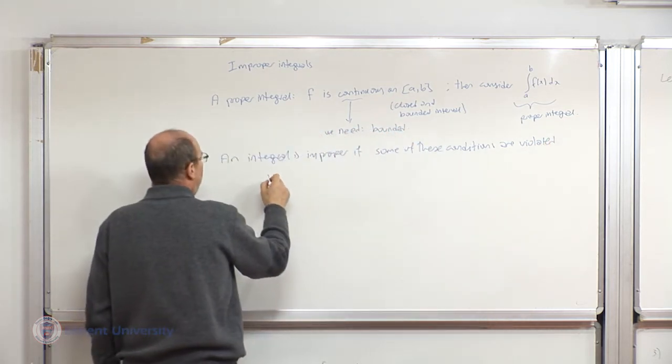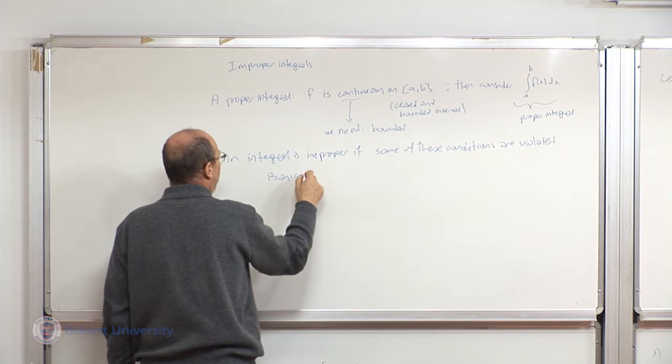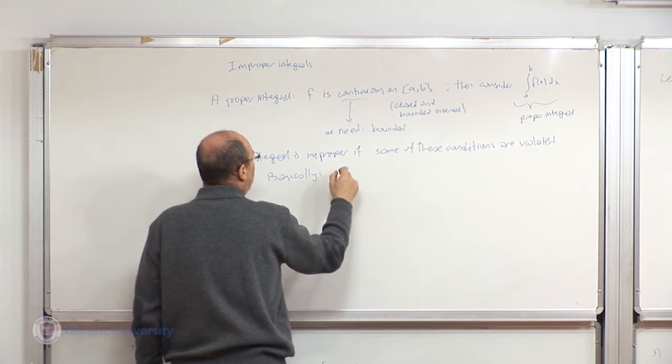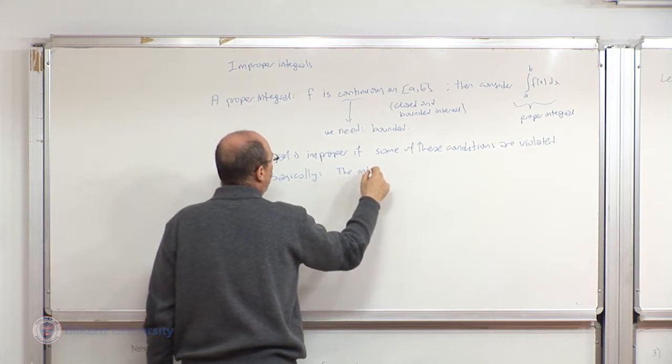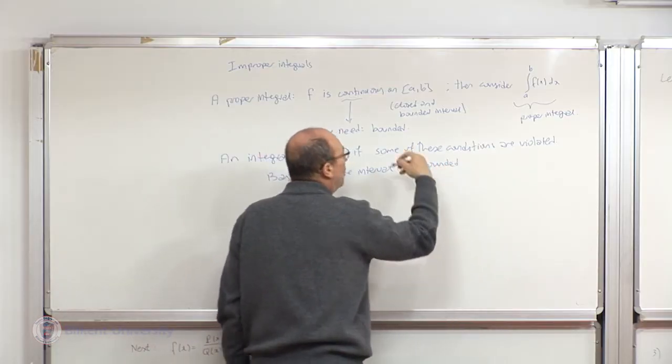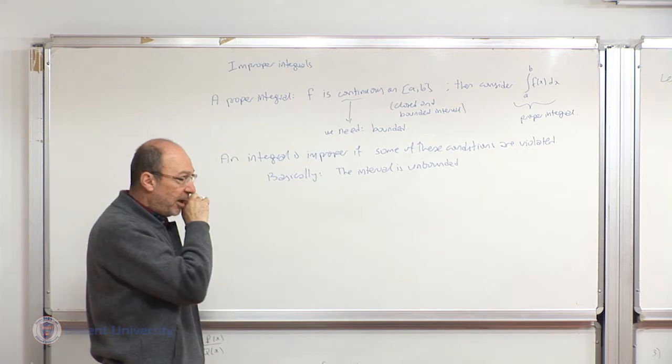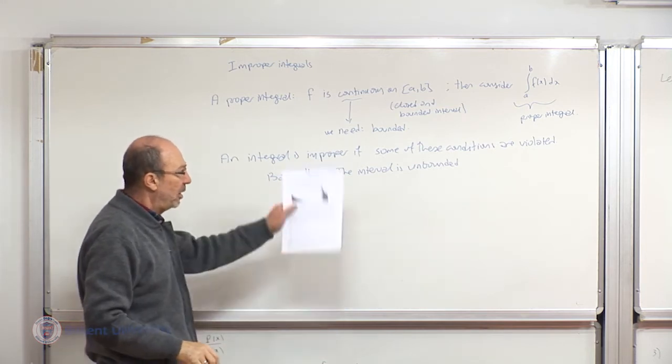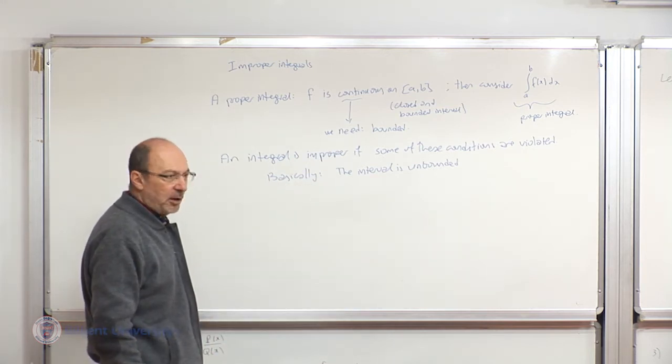Okay, so basically we have the interval unbounded. So you integrate, say, from 0 to infinity as we did over there. Okay, so that's an improper integral.